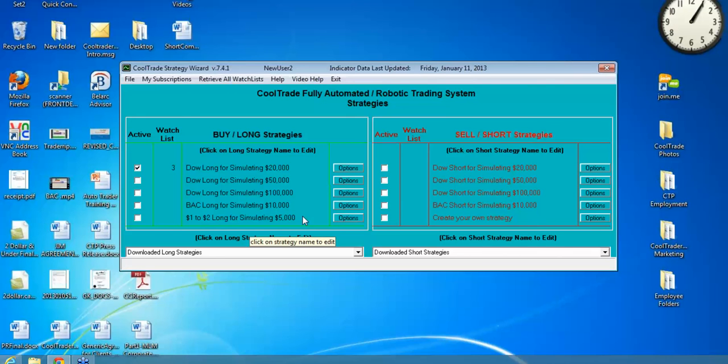But if you call them up and tell them, hey, I'd like to open an account with you, I'm a CoolTrade subscriber, I'd really like you to be my broker, people are reporting back to me that oftentimes they are honoring the $5 trades. For TD Ameritrade, it's $2,000 to set up an account. So if you wanted to simulate with their data, you would just have to set up that account with $2,000.